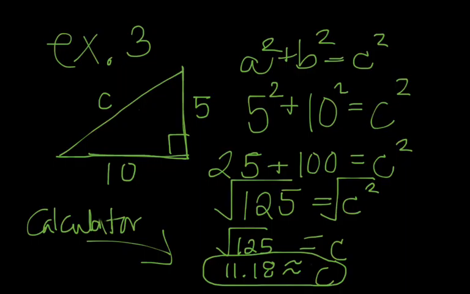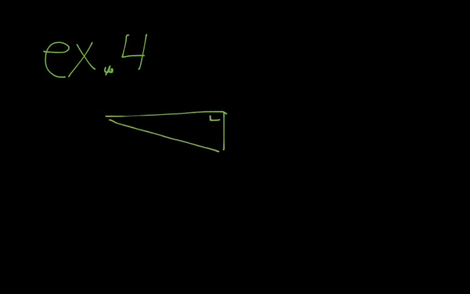Okay, let's take a look at another one. That's example 4. One leg is 12, the other leg is 3, the final leg is C. A squared plus B squared equals C squared.